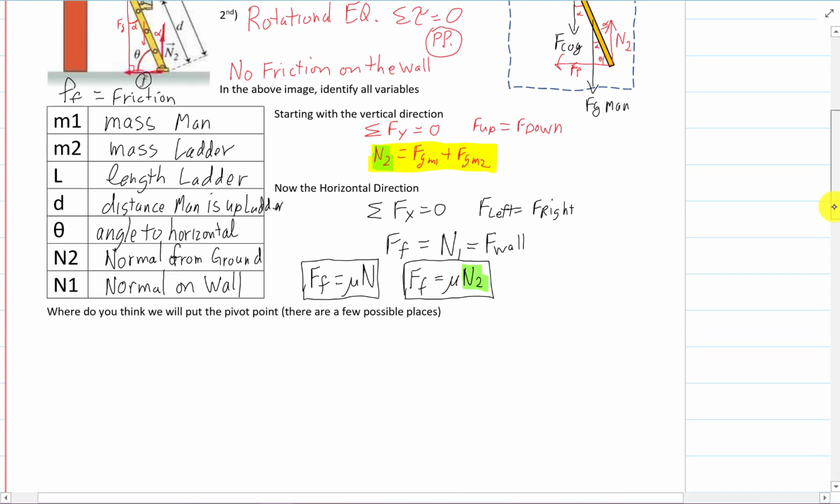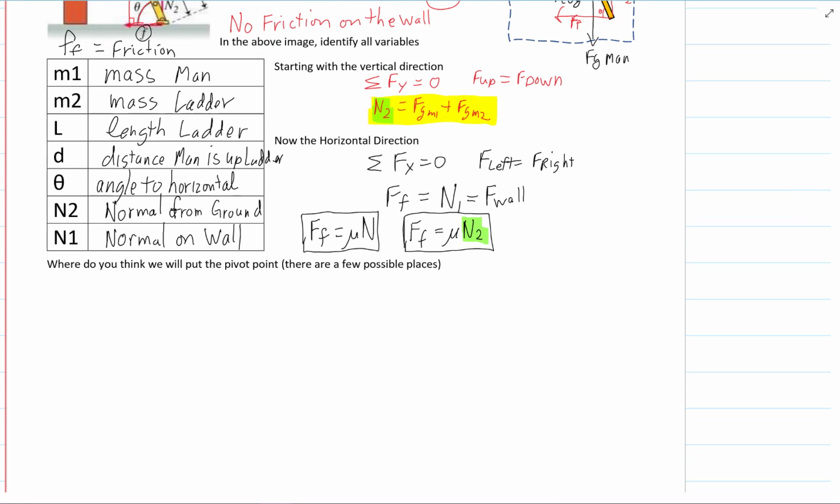Now we'll just do the sum of the torques. Sum of the torques have to equal 0, and that means the torque counterclockwise has to equal the torque clockwise. Okay, I notice that I put down here, there are a few possible places for the pivot point.